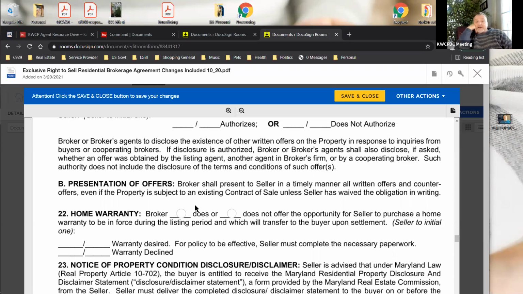Personally, my business practice, when I'm the listing agent, is to present all offers upon my receipt of them. As soon as I receive an offer, I will deliver it to my seller. Now that doesn't mean that my seller is obligated to respond to it right away, but I want my sellers to have it in hand immediately.